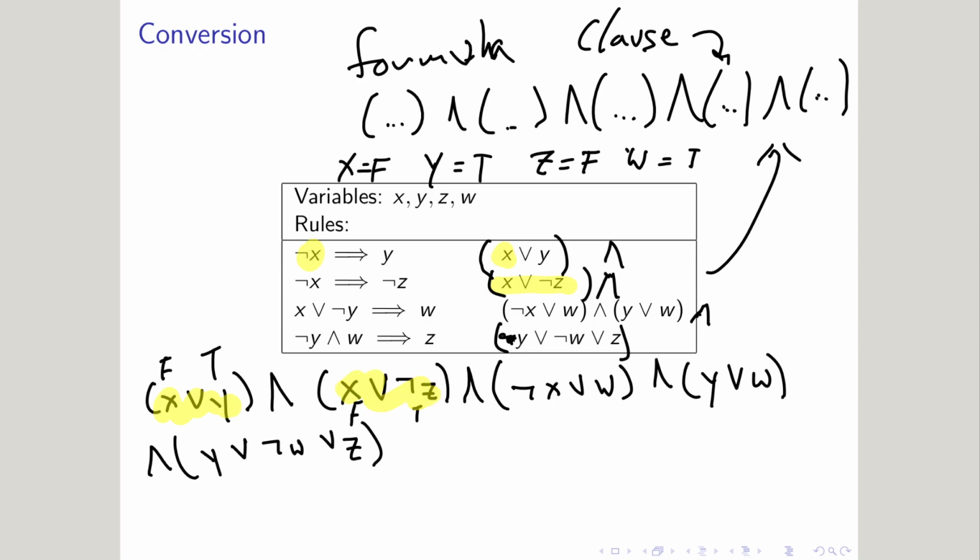Now we have x is false, we flip that to true or true. Okay, this is satisfied. And now we have y is true and w is true. Okay, this one's satisfied.